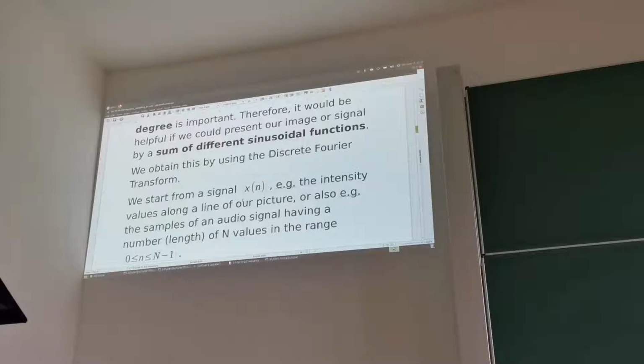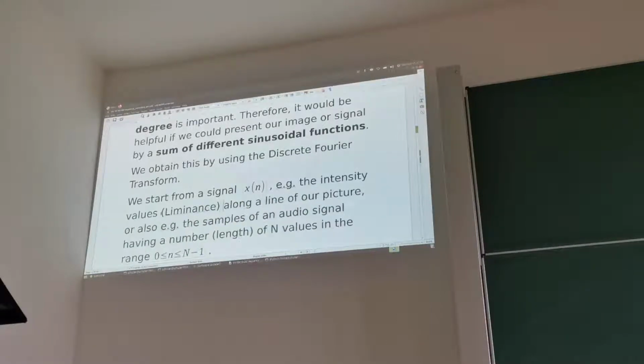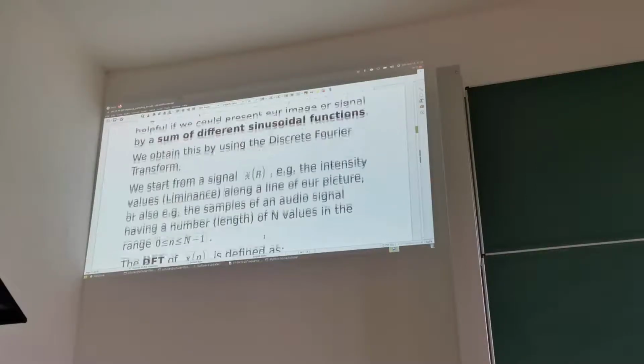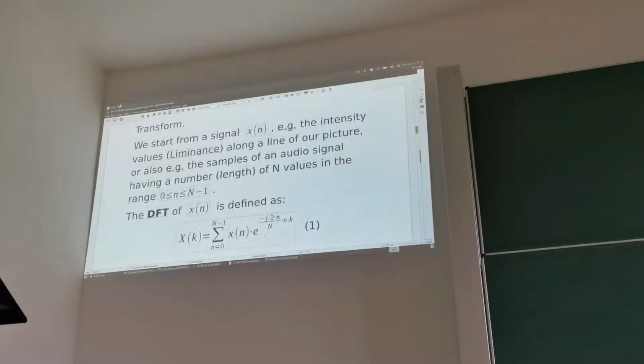So we start from our signal x, which can be the intensity values, the luminance, along the line of our picture, or also, for instance, the samples of an audio signal, having a number or length of N values in the range of 0 to N minus 1.